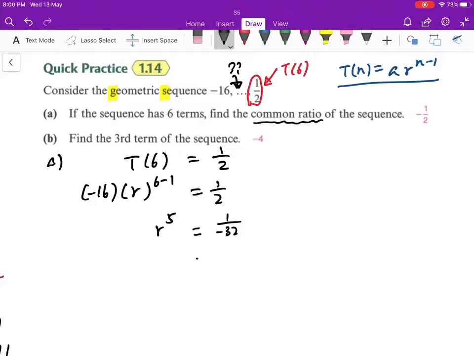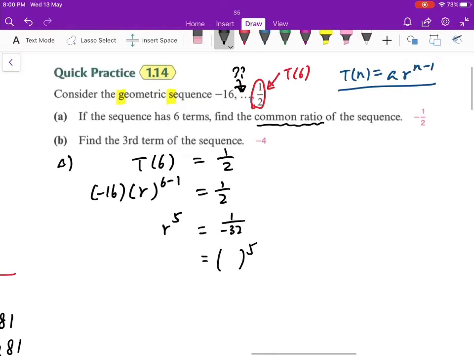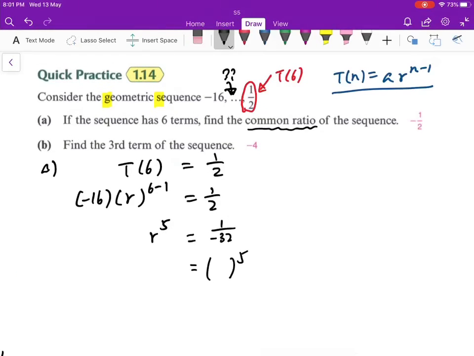Try to think about it: 1 over negative 32 is what number to the power 5? Because the question should be solvable, otherwise how can I do it? So R to the power 5. If you use the calculator to try and error, or if you have a little bit of sense, you will know that 2 to the power something gives 32.